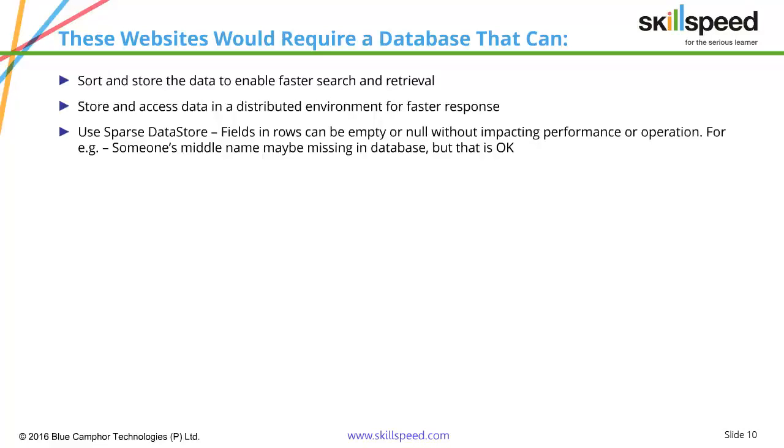Now what is this sparse data store? You understand that when we are using RDBMS, and if you do not have values in certain fields, RDBMS stores those fields as null values, right? However, these null values will actually take hard disk space. That means even though the value is null on a particular field, when you store the table on your hard disk, it will take some space.